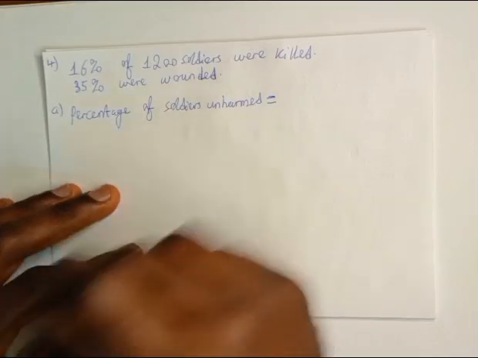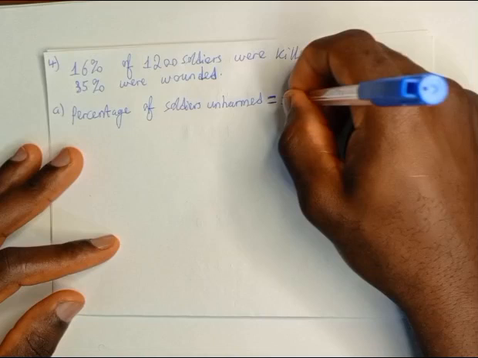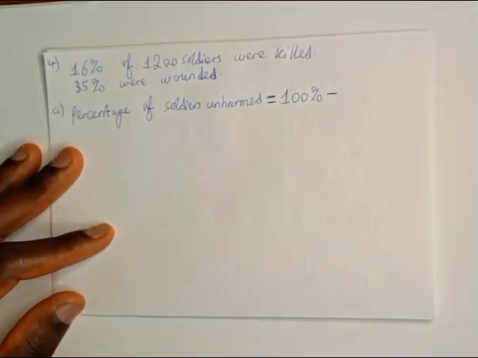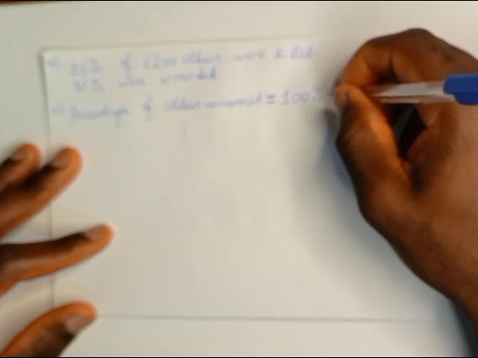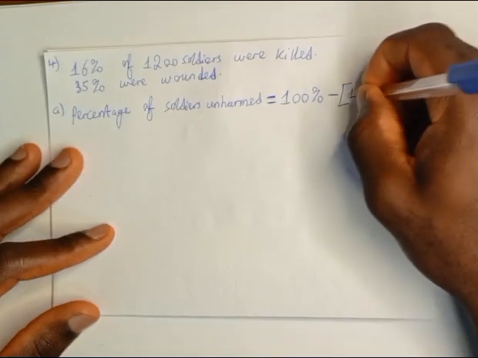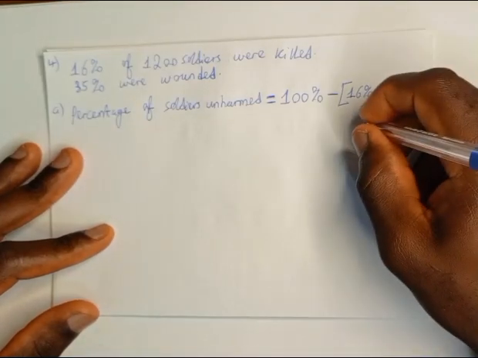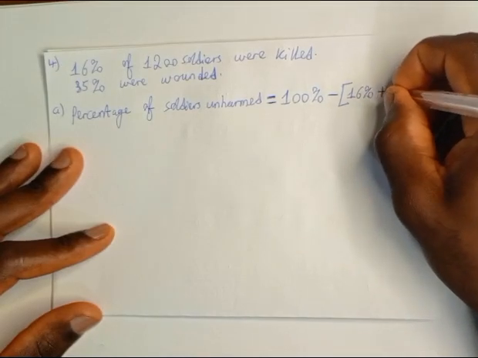It will simply be equal to, we are going to take 100% minus the percentage of soldiers who were killed and the percentage of soldiers who were wounded, minus the percentage of soldiers killed. We have 16% plus the percentage of soldiers who were wounded, 35%.